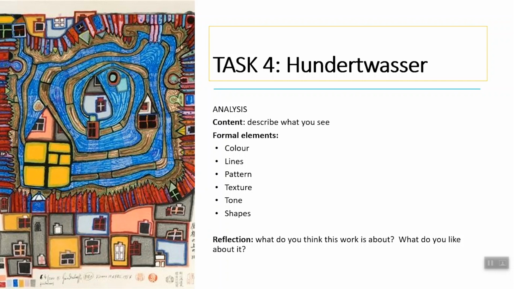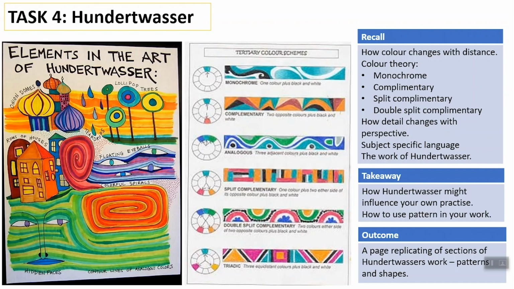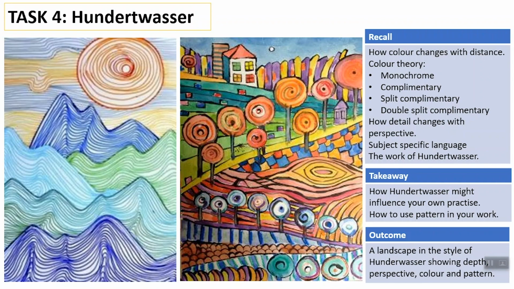It'll be something that will carry on with you pretty much forever, your ability to describe what is around you. So this is the one that we're going to concentrate on today. This is joining all of these little bits and pieces together, and that will then help inform your big response to Hundertwasser, where you're going to produce your own landscape in his style.